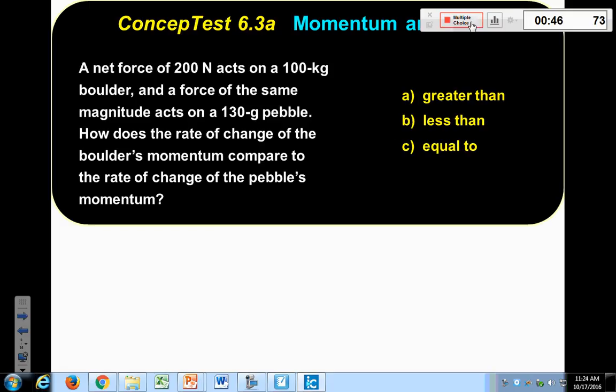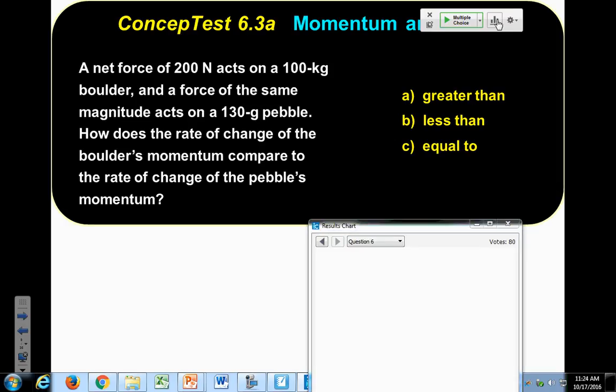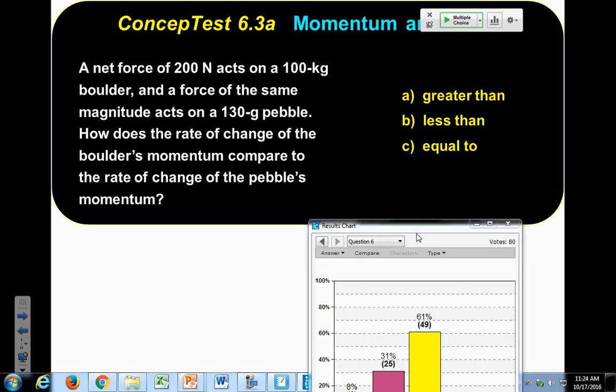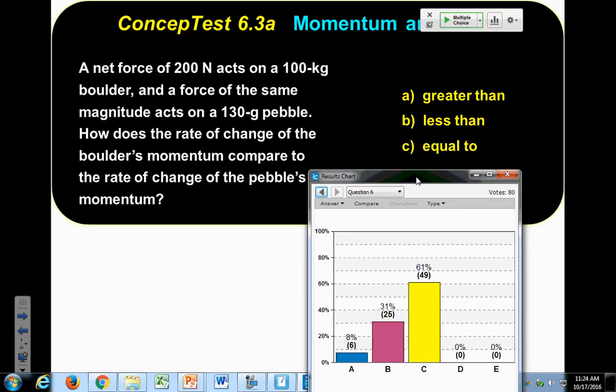All right, I'm going to stop at 55. Feel free to ask your neighbor. Y'all sort of split on the answer, and that's okay, though. I'll show you. Okay, let's see. C is right.